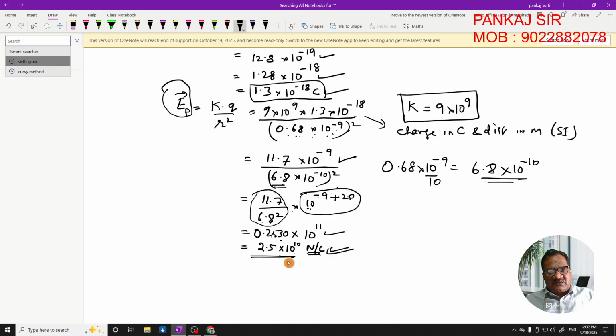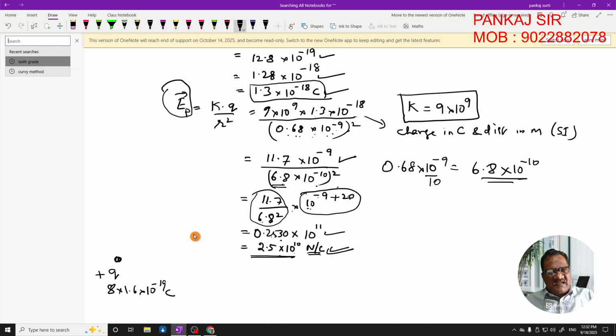So the answer for today's numerical is the electric field at the point P, which is at a distance of how much? 0.68 nanometer. So this was the charge. The charge was how much? Plus charge, it was 8 times 1.6 into 10 raised to minus 19.